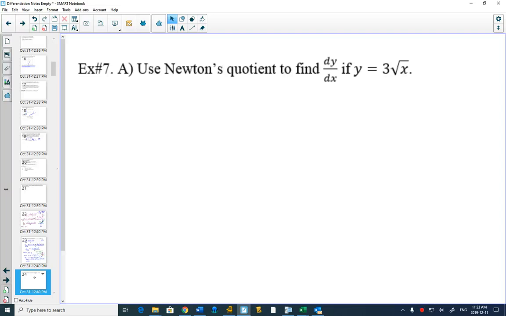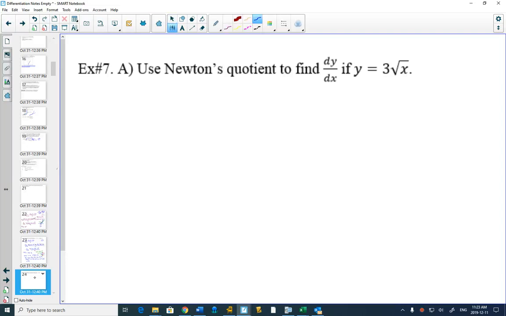So part of the reason why our unit isn't over in this second, because I've taught you already what calculus is, is because we run into situations where using the definition of the derivative is not necessarily easy to figure out the answer. So here's an example.